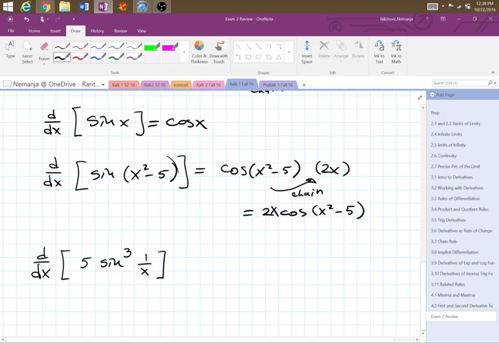All right, let's talk about this problem. So, we have a triple layer here. We have x cubed all the way on the outside, sine x in the middle, and then 1 over x as the innermost function. How did I determine this? I said this x over here might be number 2.